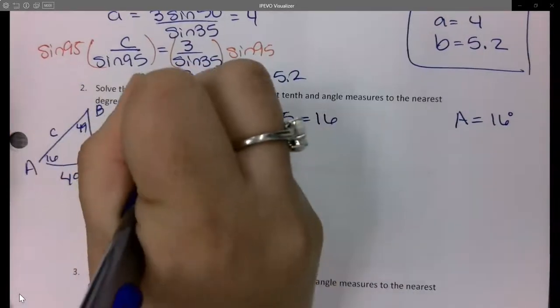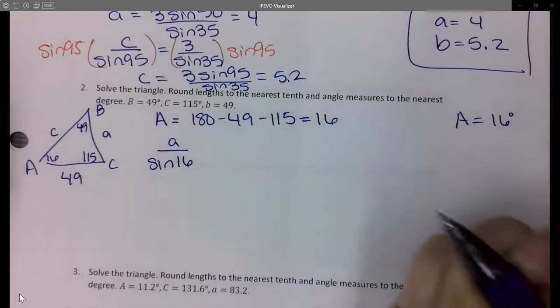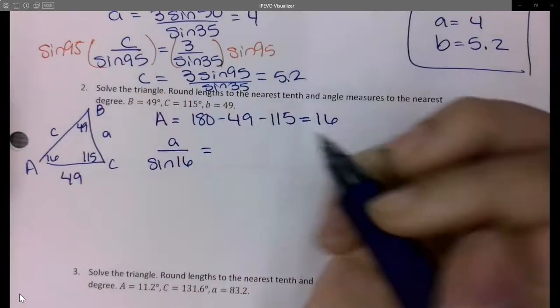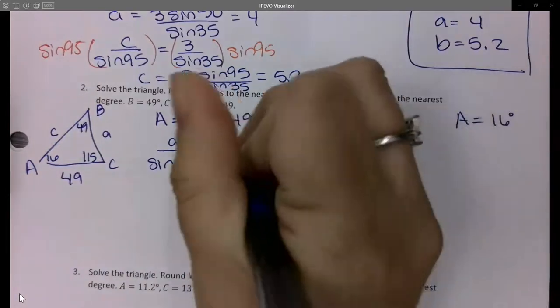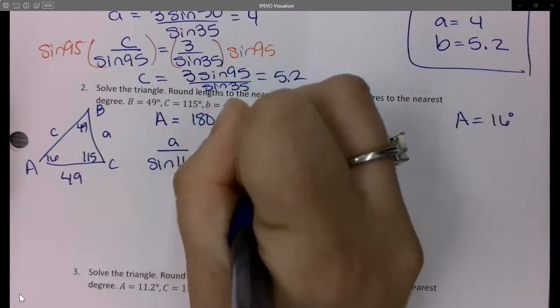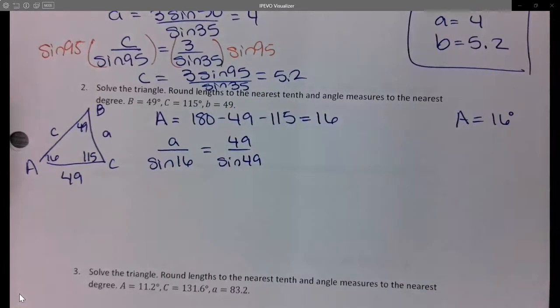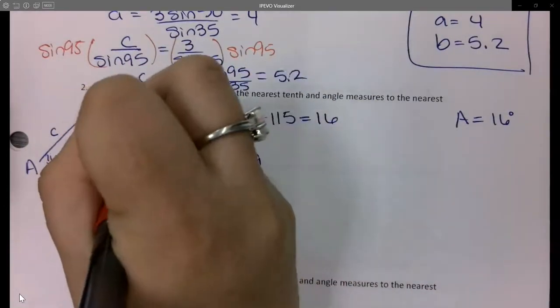I'm going to do A, the side length, over sine of 16, the measure of angle A, equals the other one I know completely, which is B. It's 49 and 49. Then I want to get A isolated, so I'm going to multiply both sides by sine of 16.